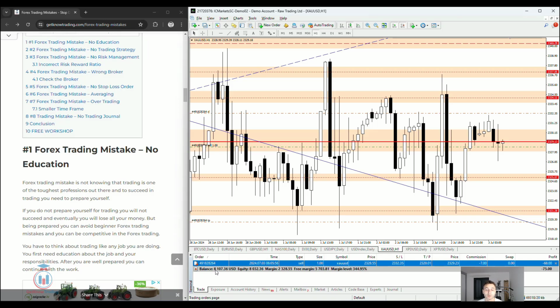So instead of having $8,000, you would lose 25%, which will be equal to $6,000. So you will lose $2,000 just with 5 trades, which is very bad. But compared to if you have 1% of loss, which is $80, you will lose $400, which will be 4% of your trading account if you have 5 trades in a row with a loss.